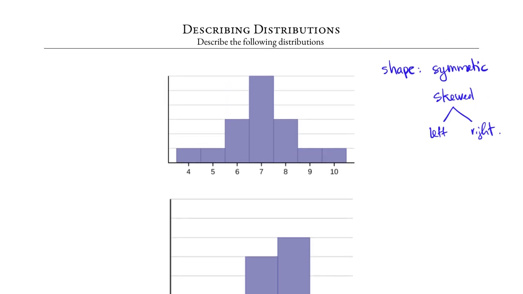So, to recap, to describe the shape of the distribution, we would consider the two tails. If the two tails are almost the same or equal in length and it has one peak in the middle, then we say that the distribution is symmetric.